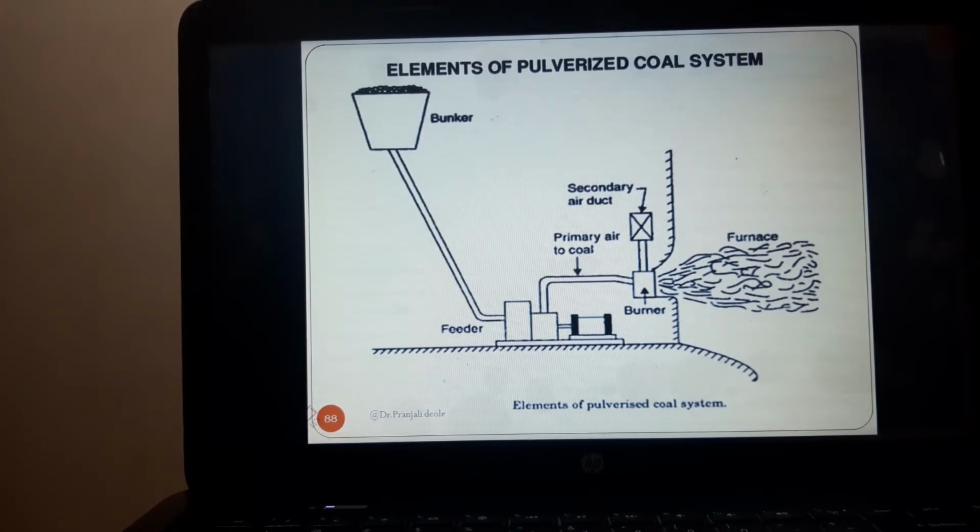The amount of air which is used to carry the coal and to dry it before entering the combustion chamber is known as primary air, and the amount of air which is supplied separately for completing the combustion is known as secondary air. The efficiency of the pulverized fuel firing system mostly depends upon the size of the powder. The fineness of the coal should be such that 70% of it passes through a 200 mesh sieve and 90% passes through a 50 mesh sieve.